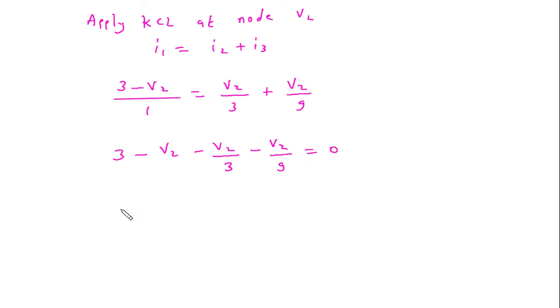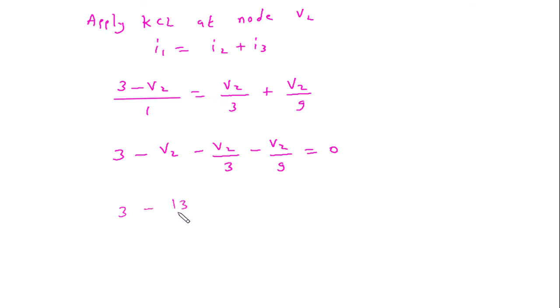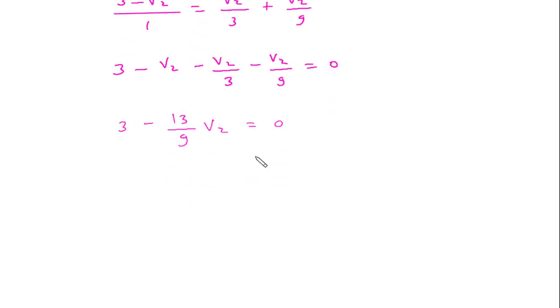So this is equal to 3 minus 1 minus 1 by 3 minus 1 by 9, which is equal to minus 13 by 9 V2 equal to 0. So 3 is equal to 13 by 9 V2.